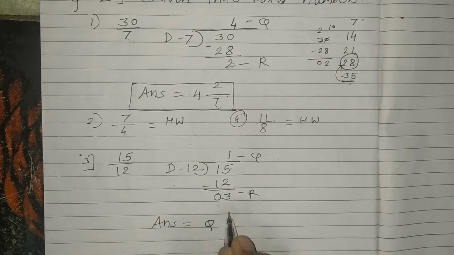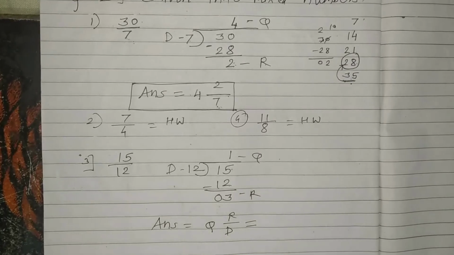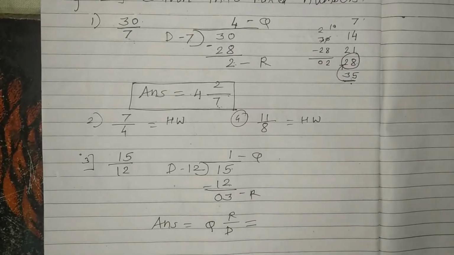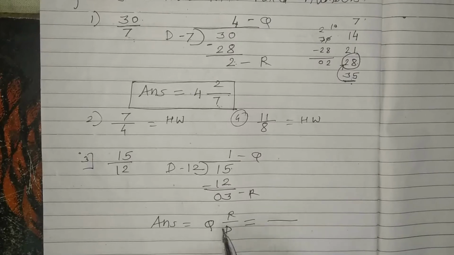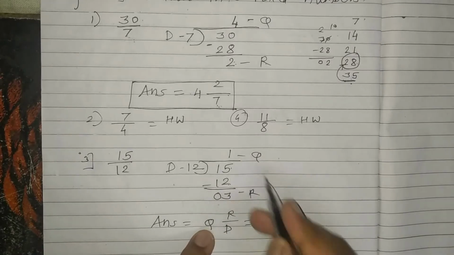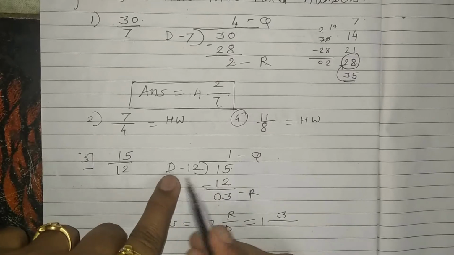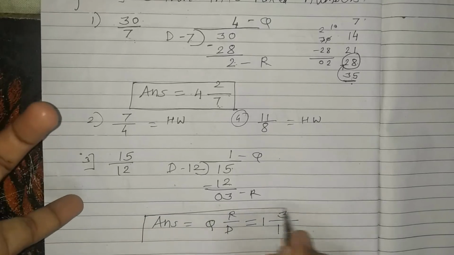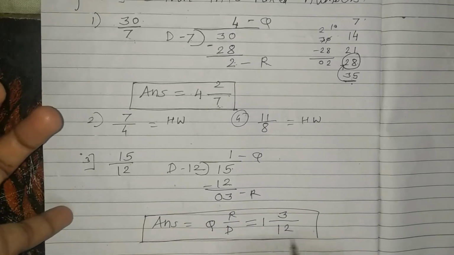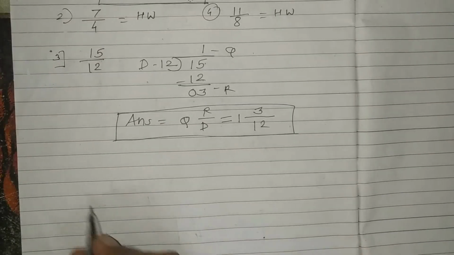You may write this form also, students, if you are confused. No issue. You require time for writing, but your concept will be clear, which is very useful for the future. So what is your Q? 1. R? 3. D? 12. So this is your final answer: 1 and 3 upon 12. Hope you understand, students.